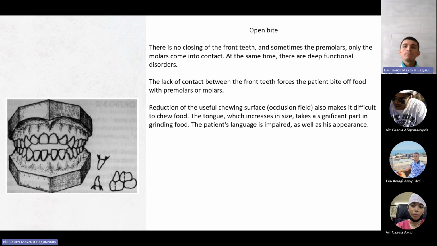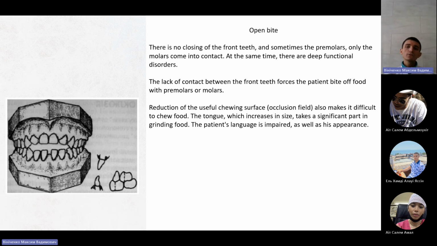When you say to the patient, open your mouth and show me your tongue, you can see that it is a macroglossia. The tongue is very big for this mouth and for this dentition. And then we make a specific surgical operation to make the size of the tongue less. And then we make an orthodontic treatment.